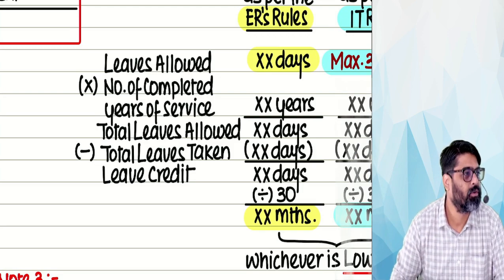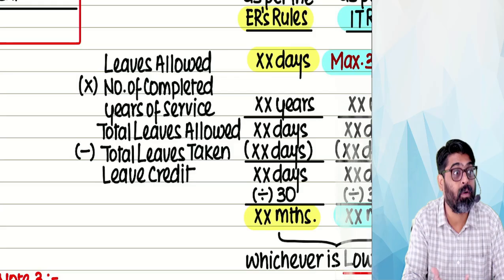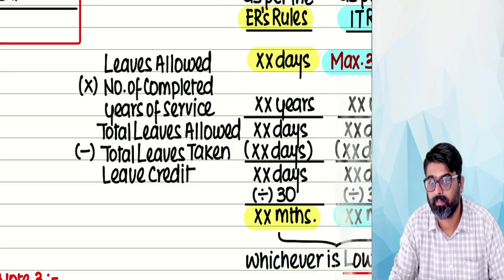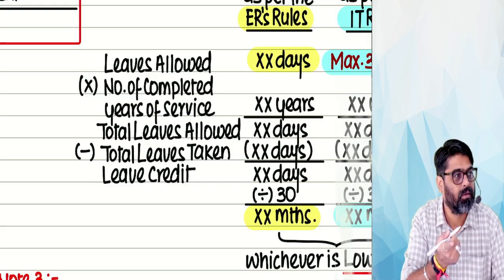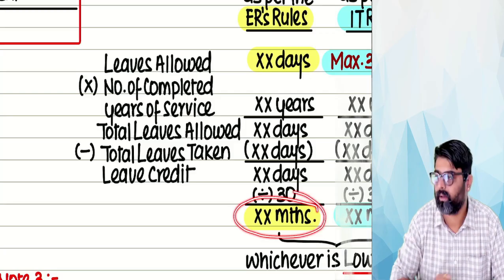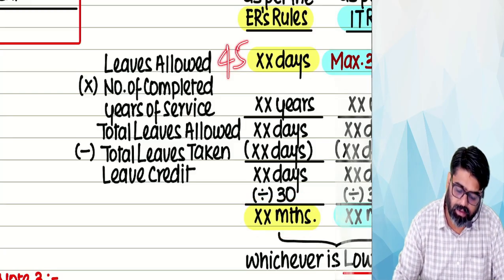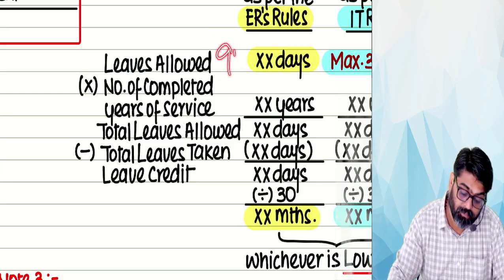Yes or no? This way you can take taxable salary in the form of leave encashment and take the exemption also for that. Hello? You and your employer can manipulate the leave credit. Why? Because these 45 days can become 60. They can become 90.